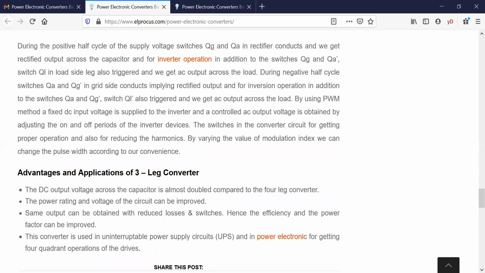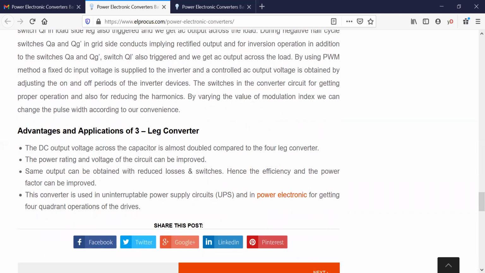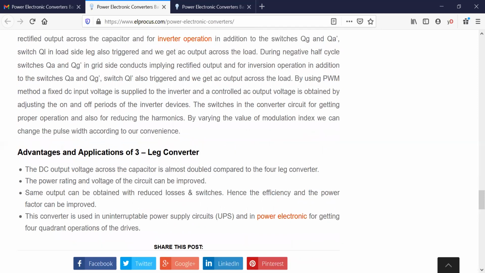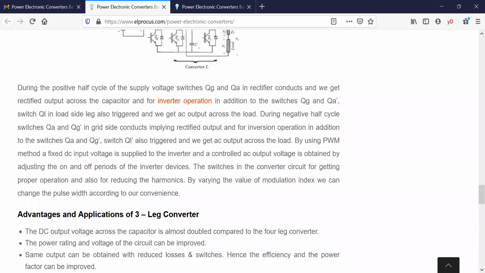The converter is also used as an uninterruptible power supply, to give a UPS, and in power electronics for 4 quadrant devices, right? So these are the things, and in the next class we will study power electronic conversion also, right?